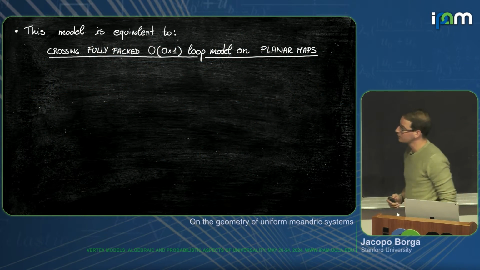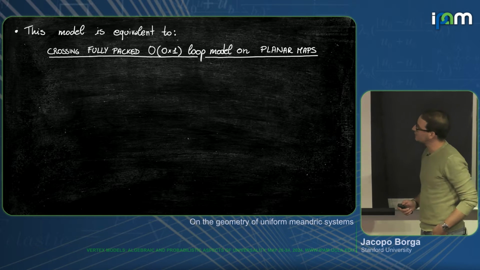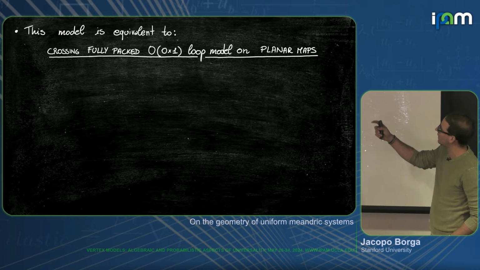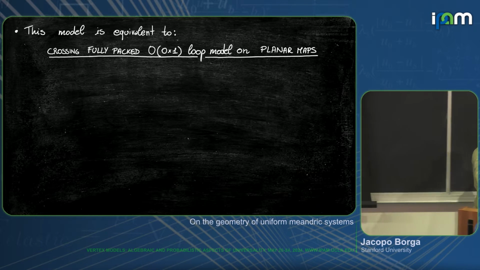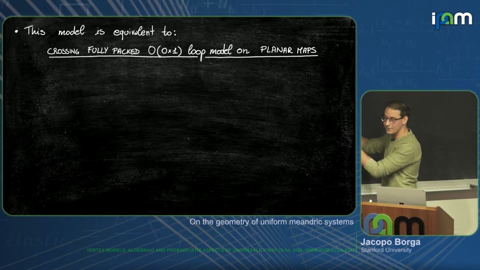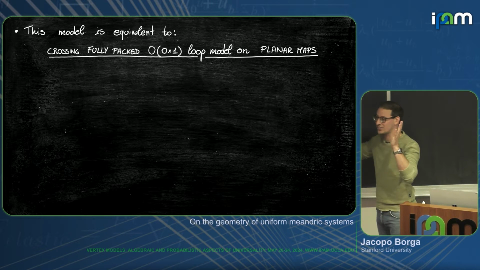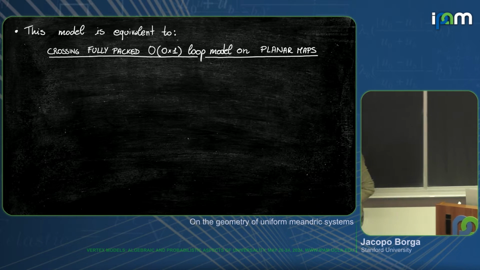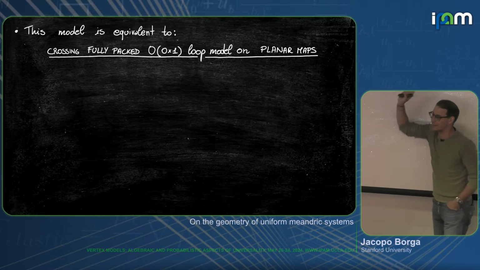So this is one special case of a complicated model that is called the crossing fully packed O(n) times m loop model on planar maps. It's not important what is the exact model. The only message that I want to give you is that it's a specific instance of a very general parameter family, where in this loop model, you plug in 0 in the first parameter and 1 in the second one.